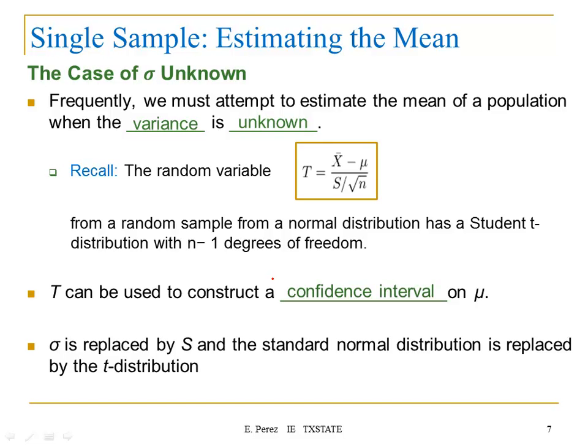In this case, the population standard deviation, sigma, is replaced by the standard deviation of the sample, denoted by S, and the standard normal distribution is replaced by the t distribution. So instead of using the standard normal table, when the standard deviation of the population is unknown, we're going to use the t table to compute our confidence interval.